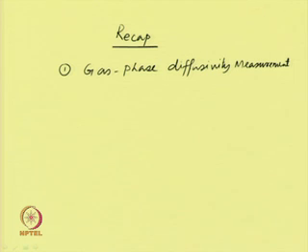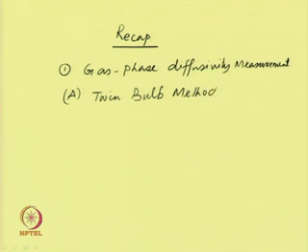As we have discussed, there are several methods available to measure the gas phase diffusivity, but we considered only two simple methods to determine the gas phase diffusivity experimentally. One is the twin bulb method, and the second one is the Stephan tube method.